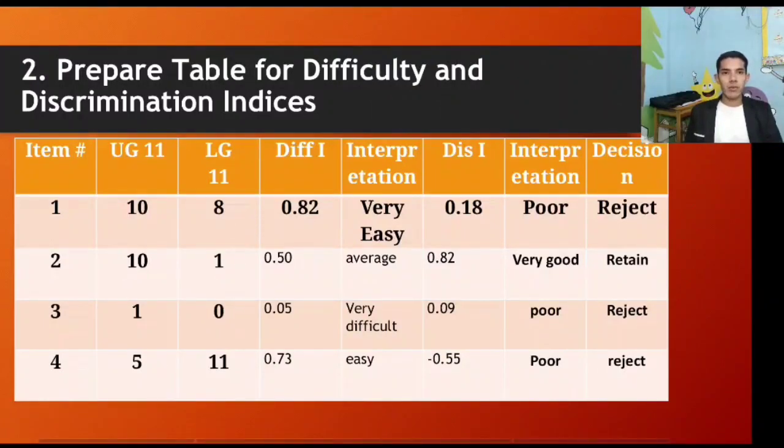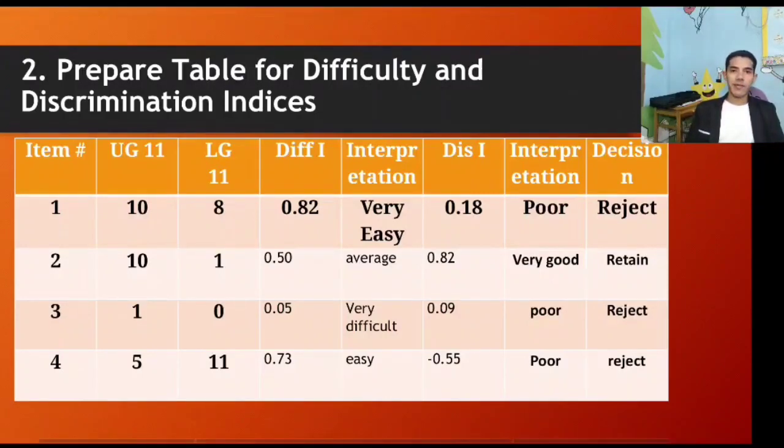Then 1 divided by 22, the answer is 0.05, which means in our interpretation it is very difficult. Next, for the discrimination index, we have 1 minus 0 is 1, divided by 11. The answer is 0.09, which means poor. And the decision is reject because it is poor and very difficult.